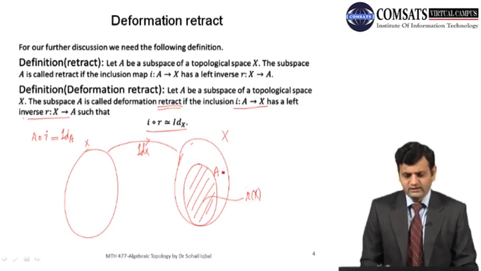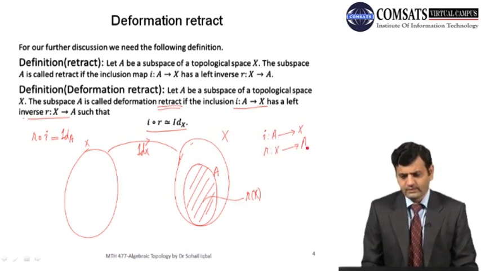Now when we apply this I map on the image of X under R, then basically we are realizing the elements of R of X as elements of X. So remember that I is a map from A to X and R is a map from X to A. So when you define this map from X to A, and this is a retract.